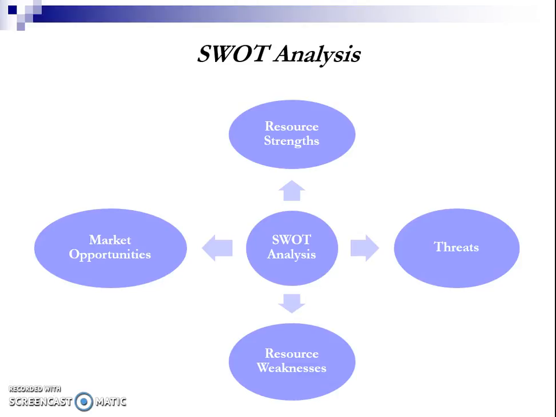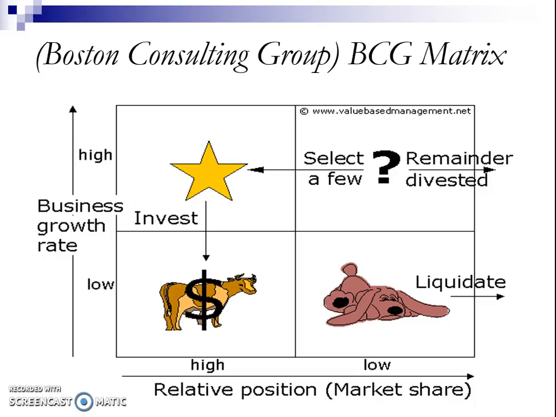This is a traditional method, still very relevant, and most organizations do take it up at initial stages. But when we talk about some more popular techniques, the first one among them is the BCG matrix.